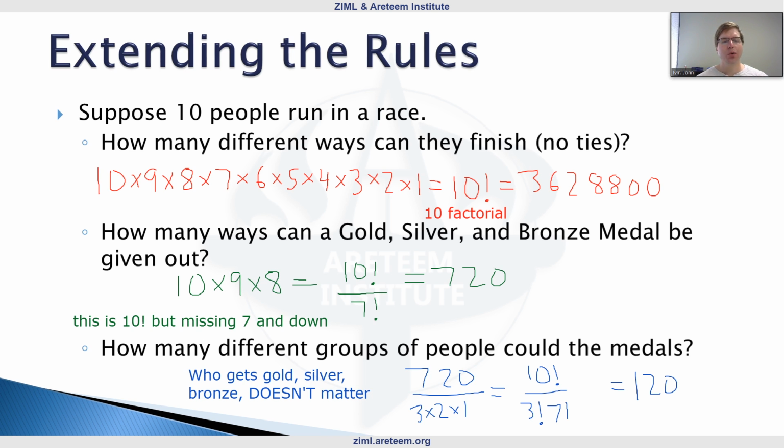Now, those of you who might be a little bit advanced in chat, what are we really talking about on this page? What are we giving examples of when we have this kind of easy question to start with? What are we really talking about when we have stuff like 10 factorial over 7 factorial, 10 factorial over 7 factorial times 3 factorial, things like that? You guys are on the right track.